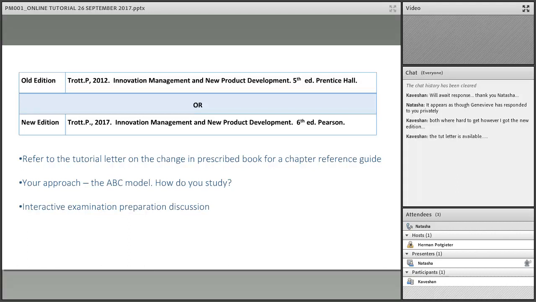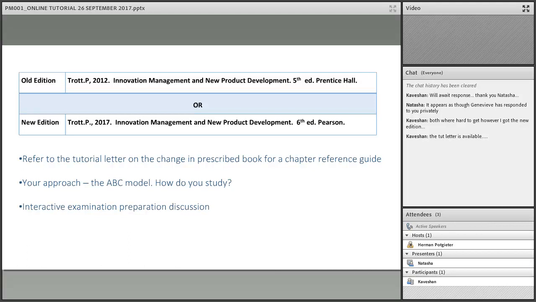Kavishan, can you just confirm that it is indeed available to you on eLearn? While you type there, I'll be able to continue. So the most important thing is that you need to refer to the tutorial letter with the chapter reference guide.